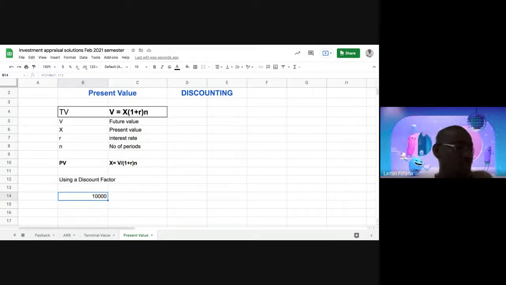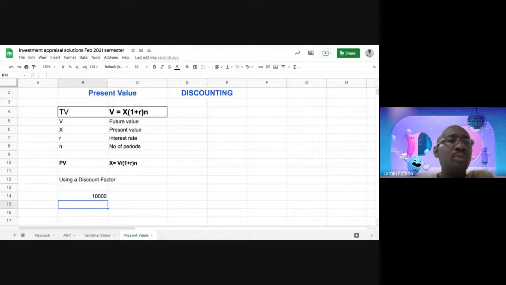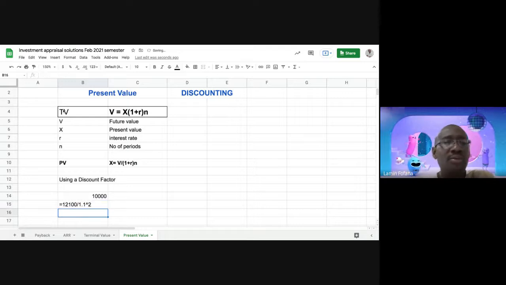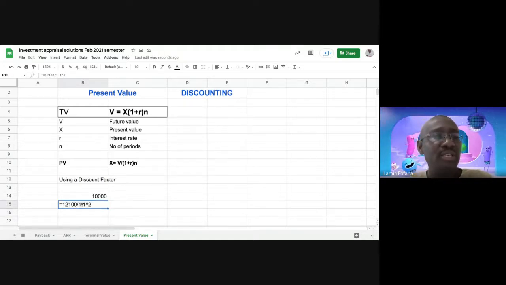But if you do this, you know that equally, you could say, let me just show the formula. I just want to show you how they arrive at the discount factor. This is what we have, 12,100. Can you see this here?